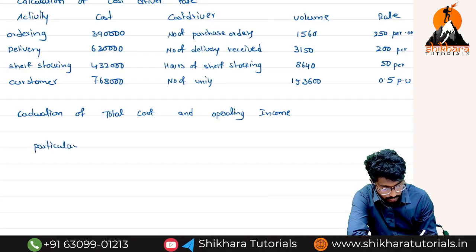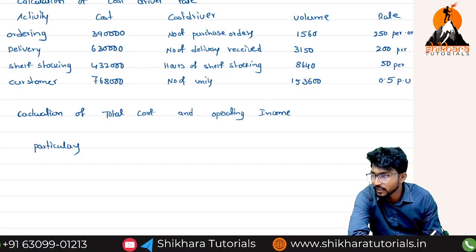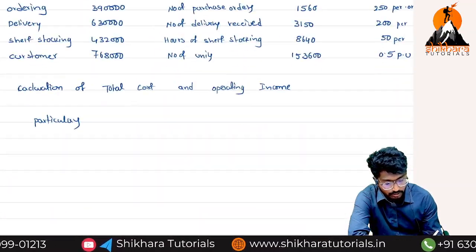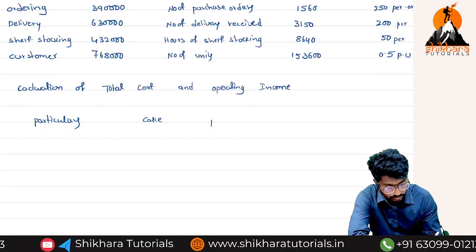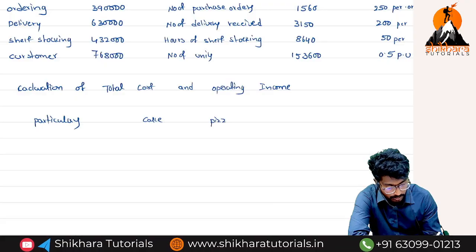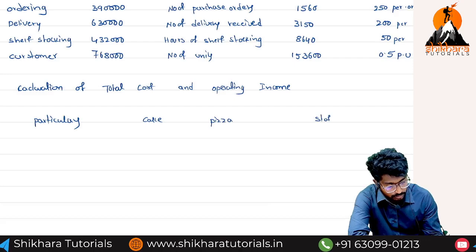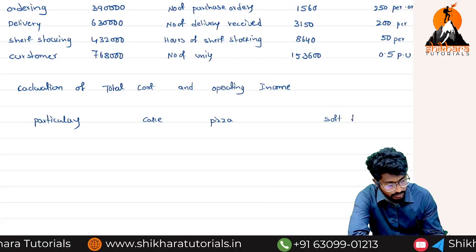Particulars. How many products we have? 3 products. What are they? Cake, pizza and soft drinks.